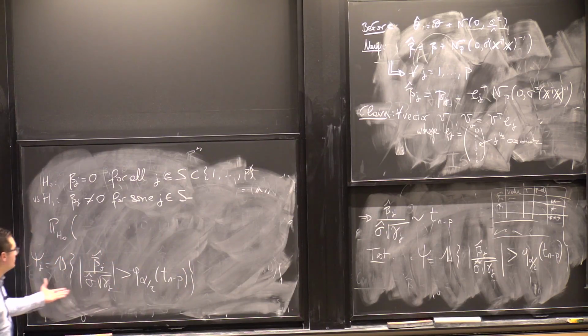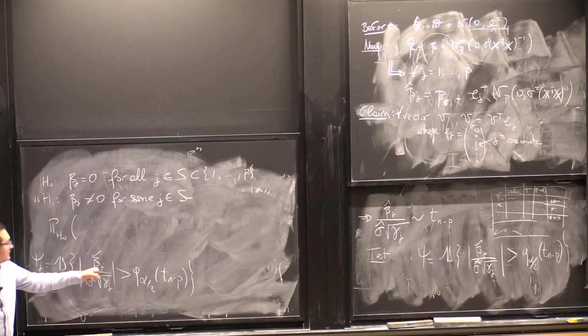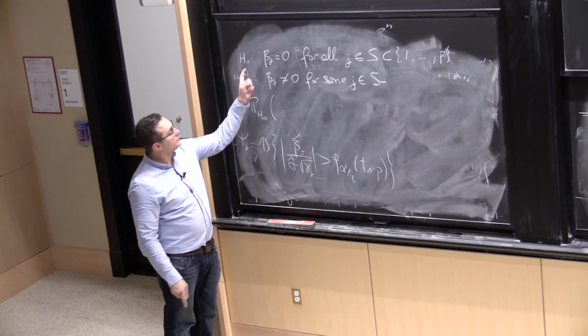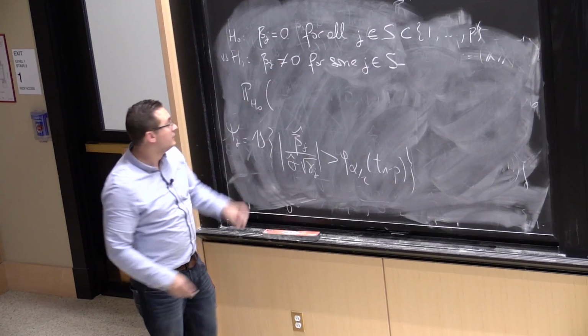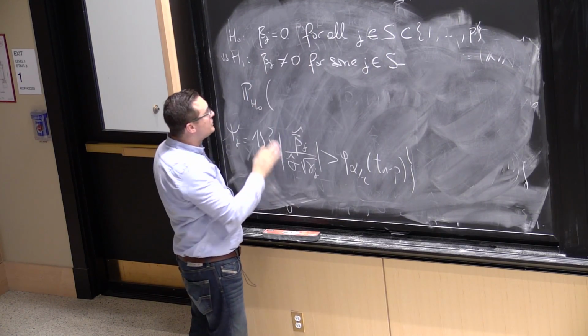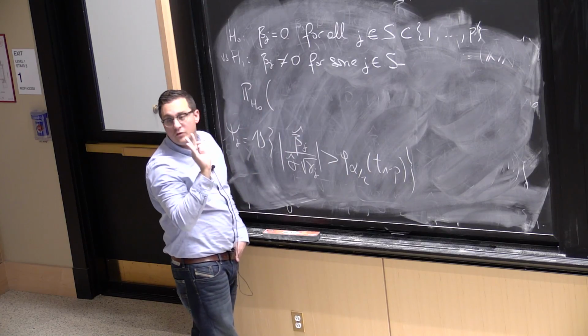Right? So we know that those are the tests that I perform here. I just add this extra index j to tell me that I'm testing the jth coefficient. So what I want is the probability that under the null, so that those are all equal to 0, I will reject to the alternative for one of them.